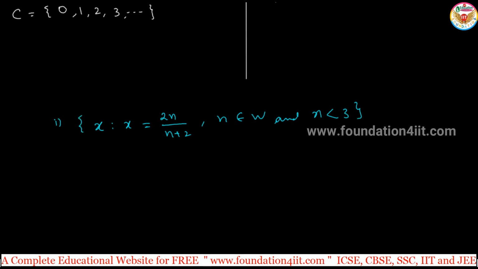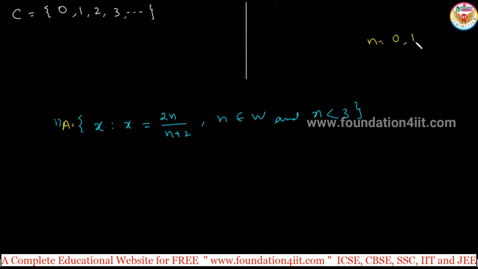So this is one set, let's take set A. Now this is in set builder form, so we have to convert into roster form. If you see the condition, n belongs to whole numbers but n is only less than 3. So that means n is equal to 0, 1, 2. Only 0, 1, 2.